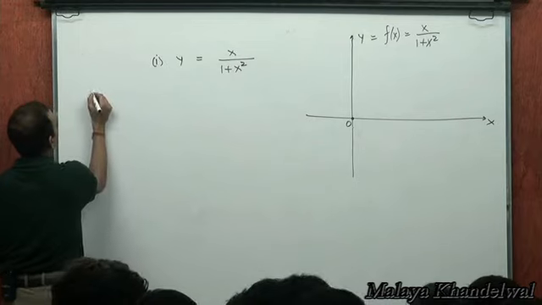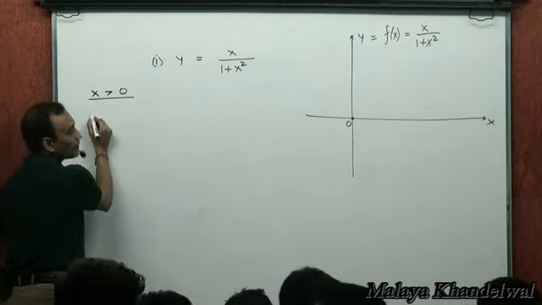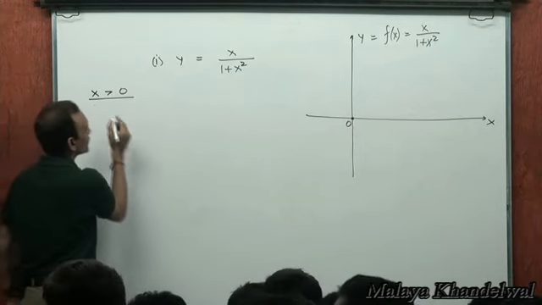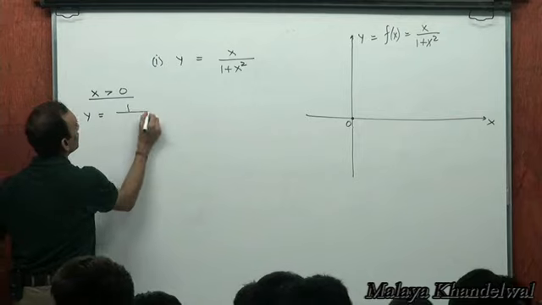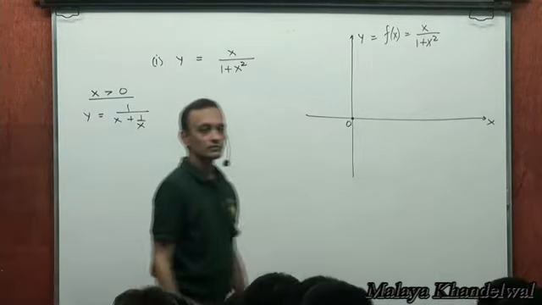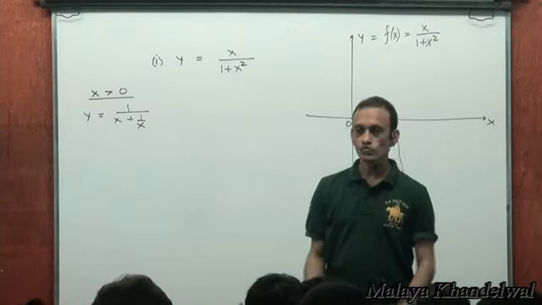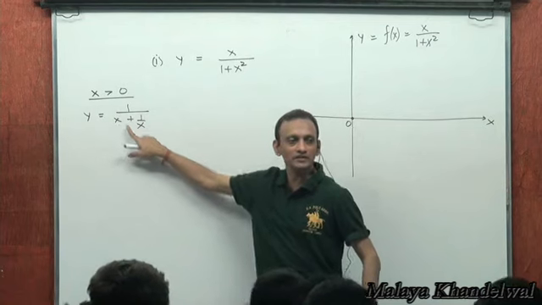So, for x greater than 0, y could be 1 by x plus 1 by x. Right? But this is a positive number and this is its reciprocal.